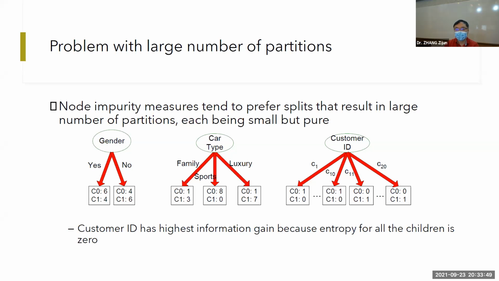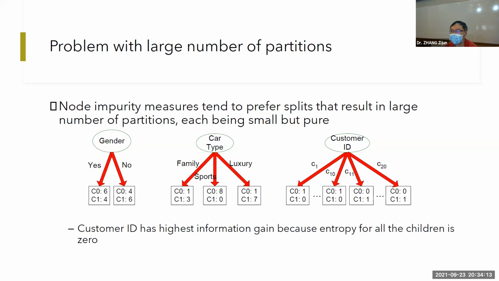Then here we can go back to the problem with a large number of partitions. In the previous example, we have shown that we can split based on gender, which just has 2 binary values. We can also, based on car type, do a 3-way split. And in a very extreme case, we consider customer ID as a criterion.